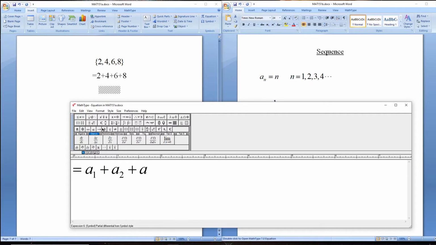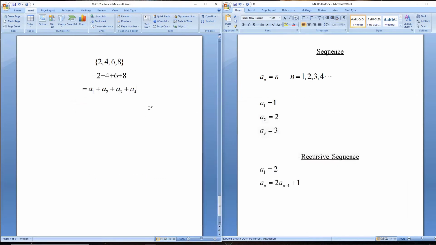The next one would be a sub 3, and then a sub 4. And so that's what we're doing with these numbers here. When we added them together, 2, 4, 6, and 8, another way we can express that is that we're adding together these numbers, a1, a2, a3, and a4.